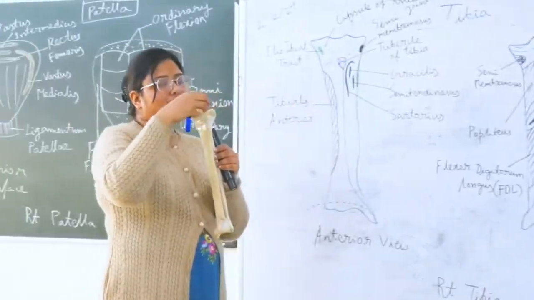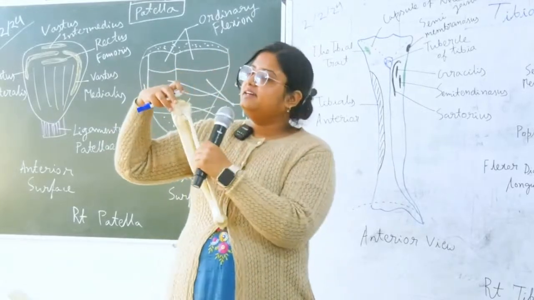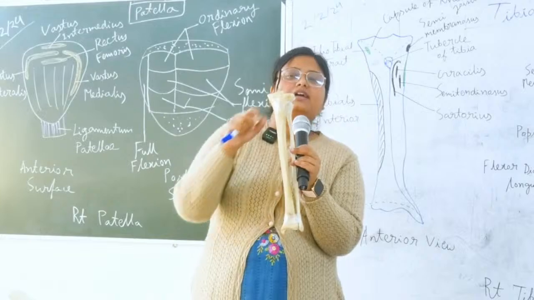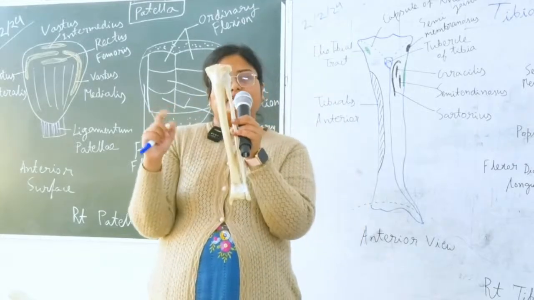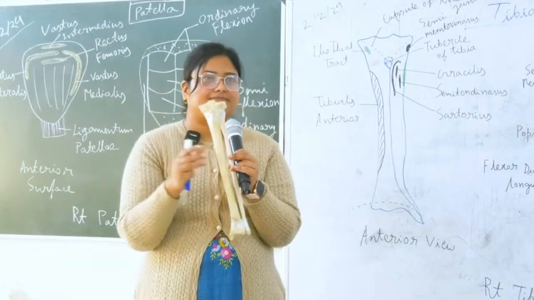Then posteriorly, on the posterior surface of the lateral condyle, there is a groove for the popliteus muscle. In this area the capsular ligament of the knee joint is deficient.